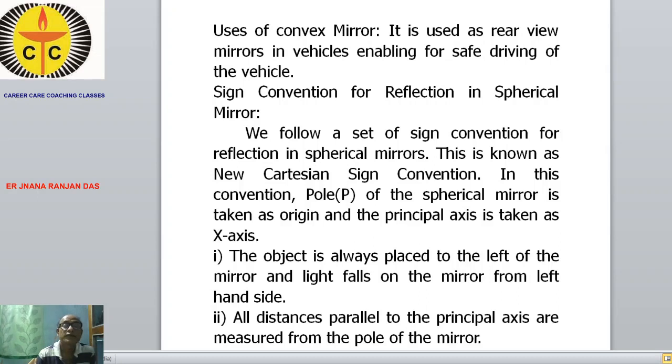This type of mirror, the convex mirror, lets you see moving objects at the back. So this is all about reflection in concave and convex mirrors and their applications.